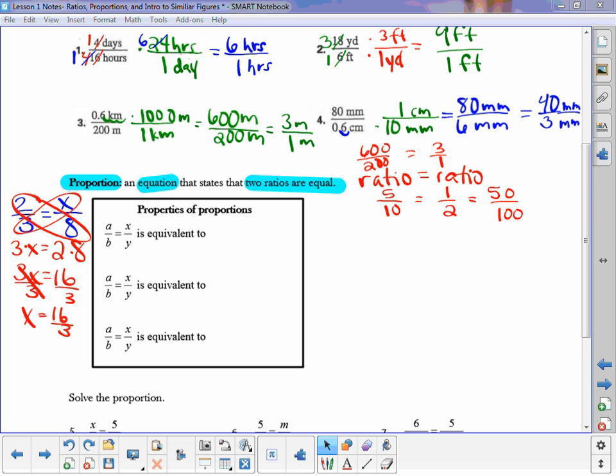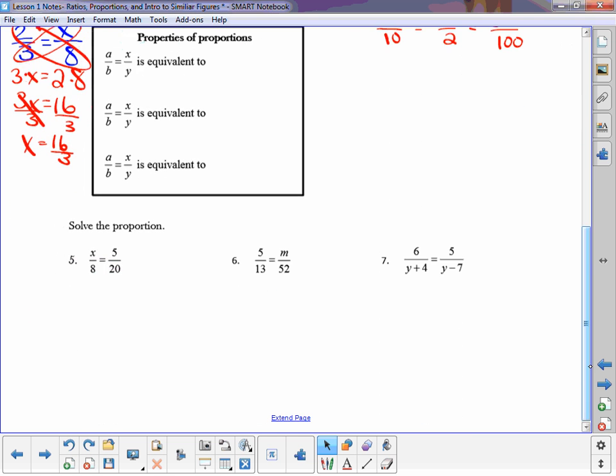So I asked you to go ahead and solve for number 5. Please write down, what did we get for our answer for number 5? 2. Raise your hand if you cross multiply. Did anyone only multiply by one number to get to your answer?